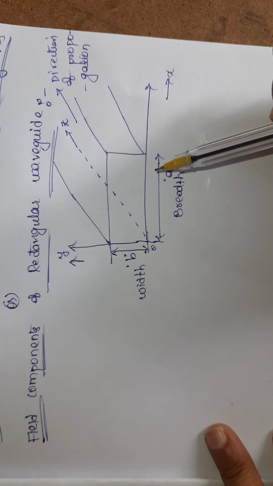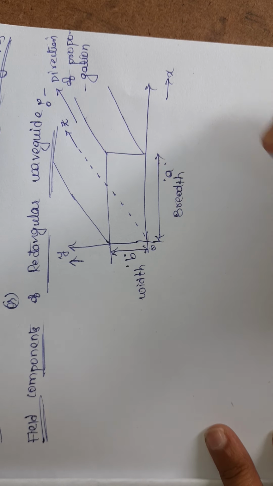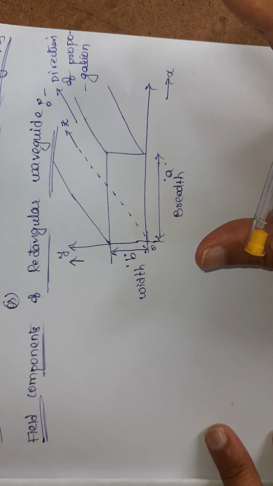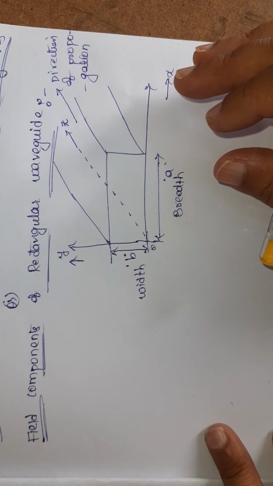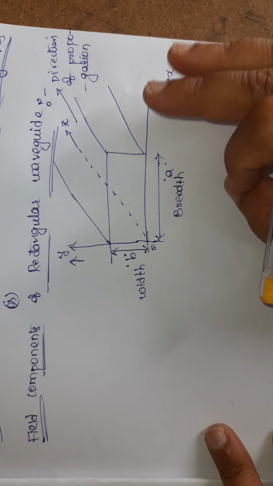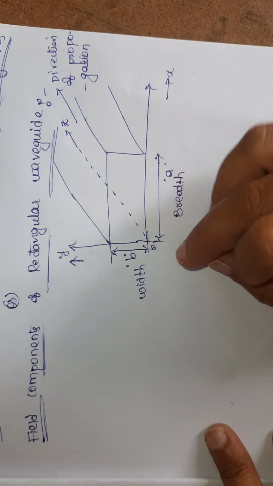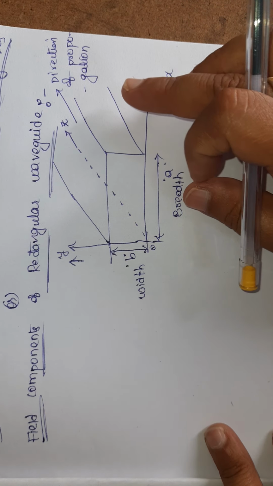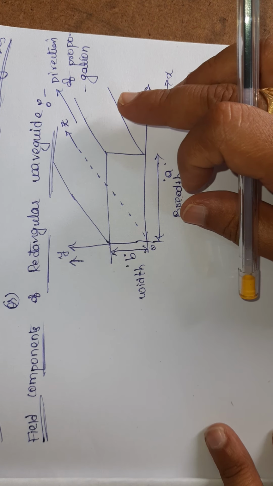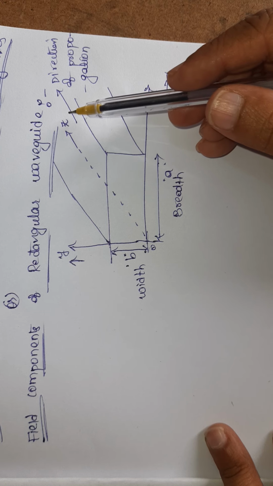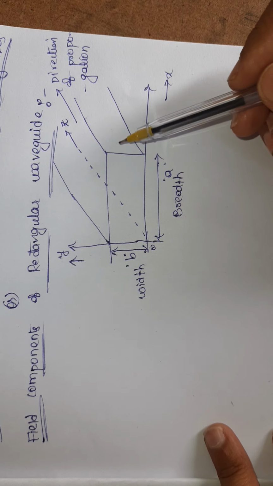In the parallel plane waveguide, the wave is restricted only along the x direction, with no restriction along the y direction, and along the z direction, in both the parallel plane and rectangular cases, is the direction of propagation.